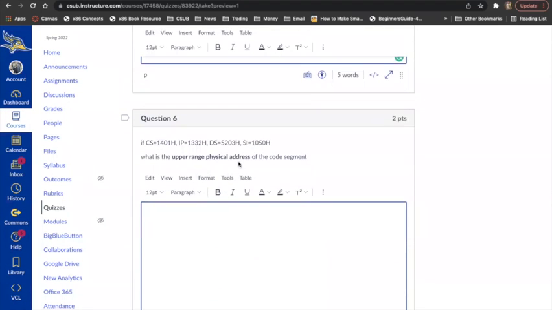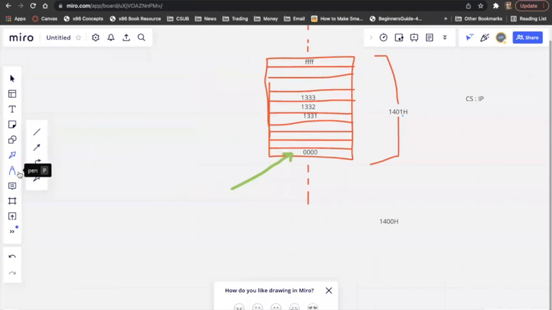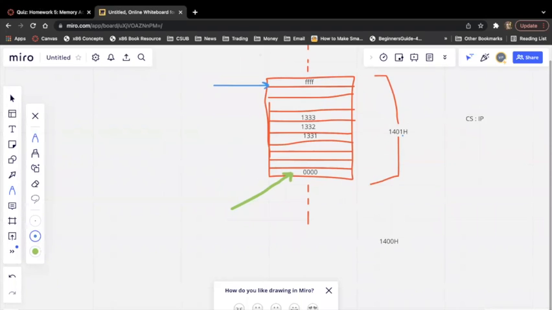Now, what's the upper range? What's the physical address of this block?